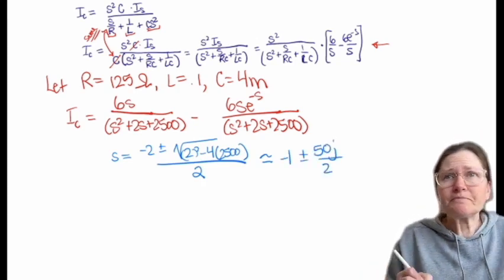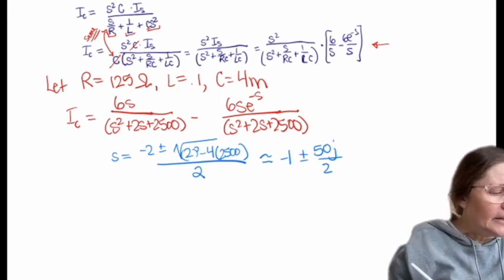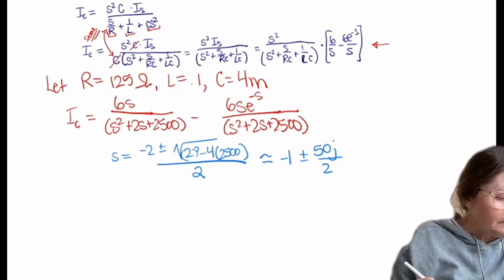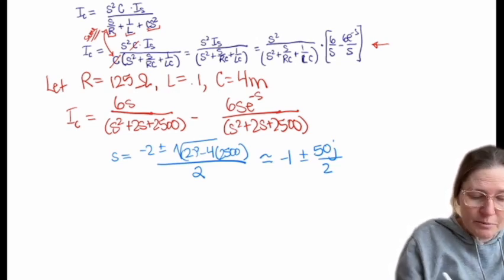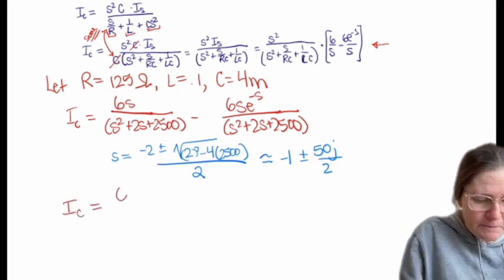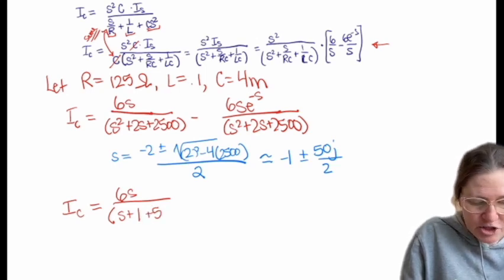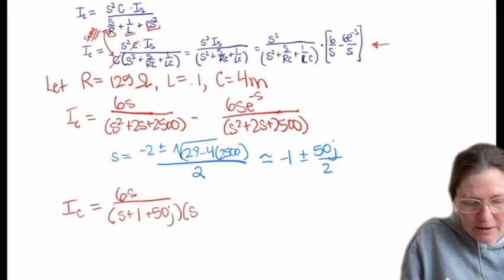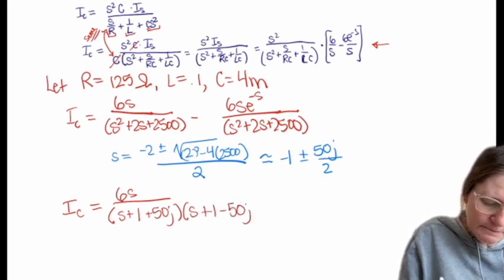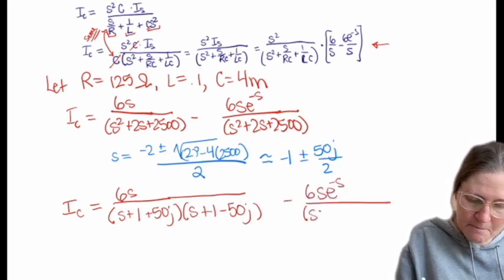We can use that to plug in for the bottom. So IC is equal to 6s over s plus 1 plus 50j times s plus 1 minus 50j, and then minus 6s e to the minus s over the same.